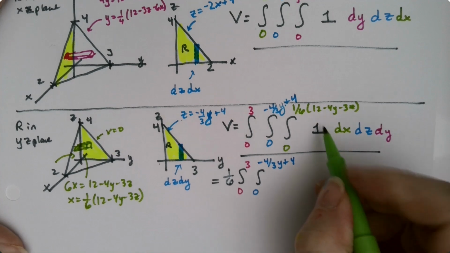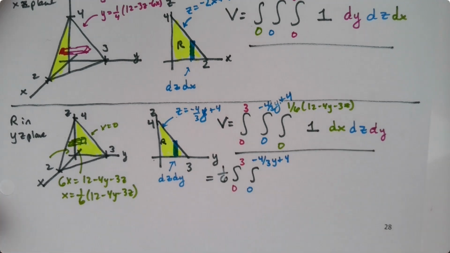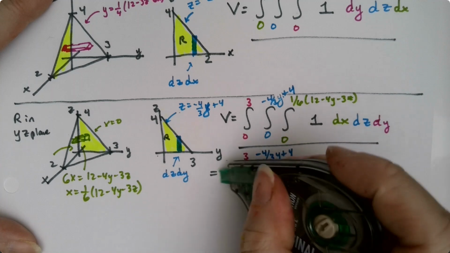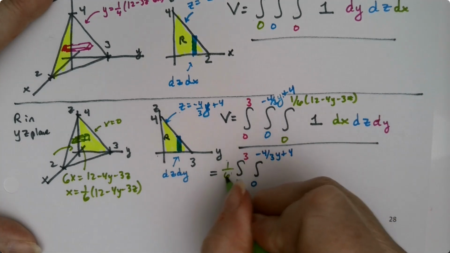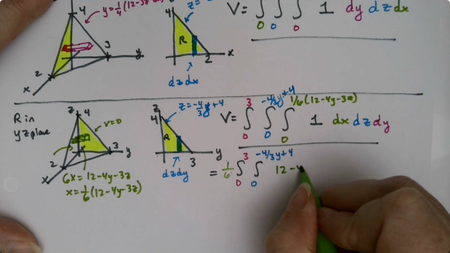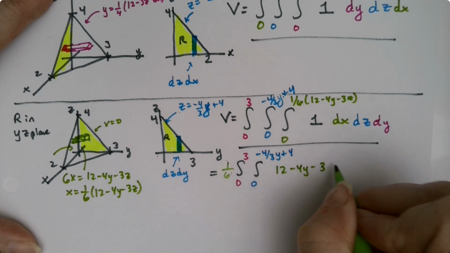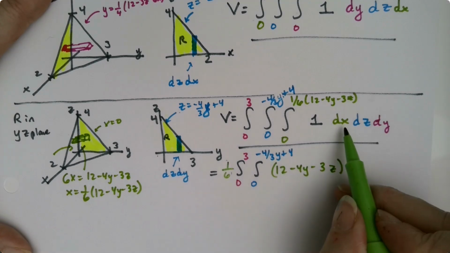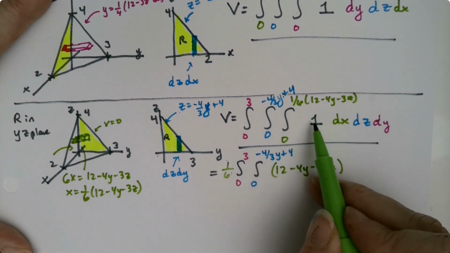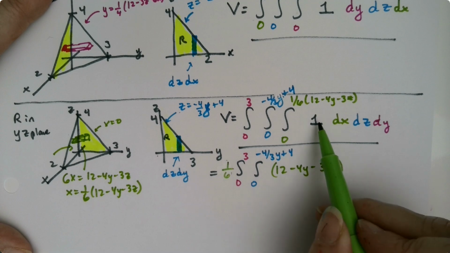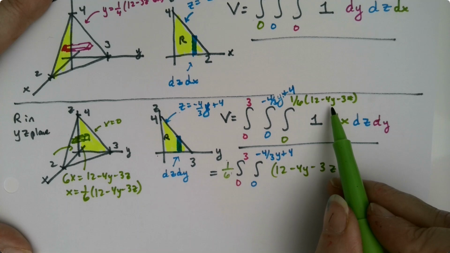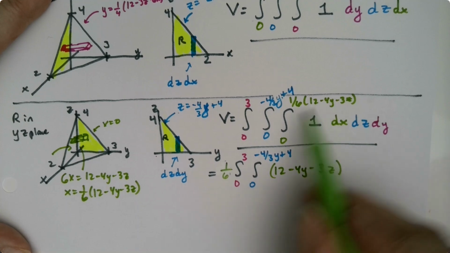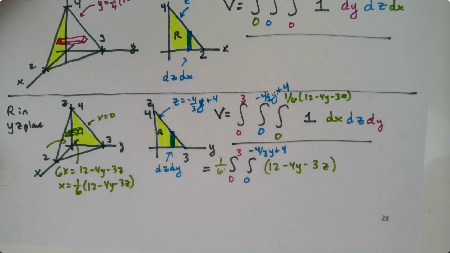And then the integrand is just going to become, well, here, let me put it this way. It's 1/6 out in front, and then it's 12 take away 4y take away 3z. Right? Because when I integrate with respect to x, there is no x in here. So it's going to become x, and x goes from 0 to this, right? Which is just that. And then I brought the 6th out in front because it's convenient.